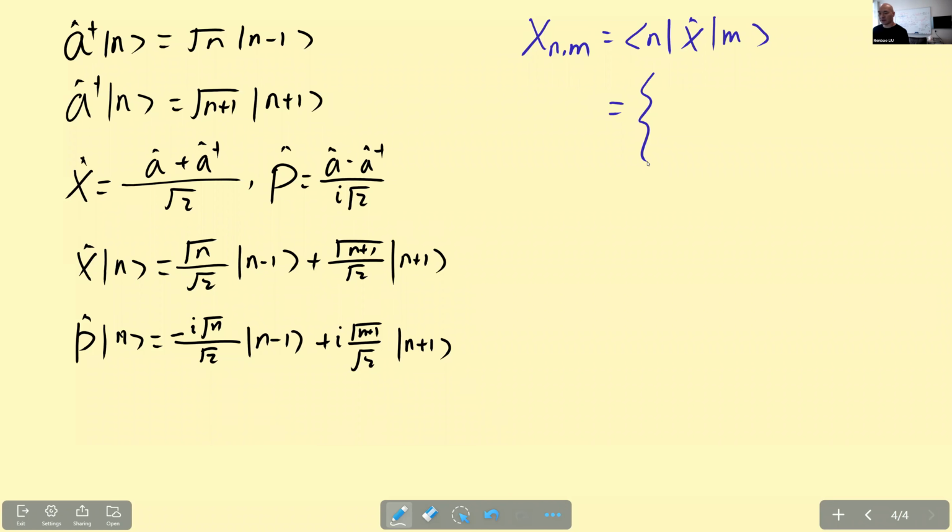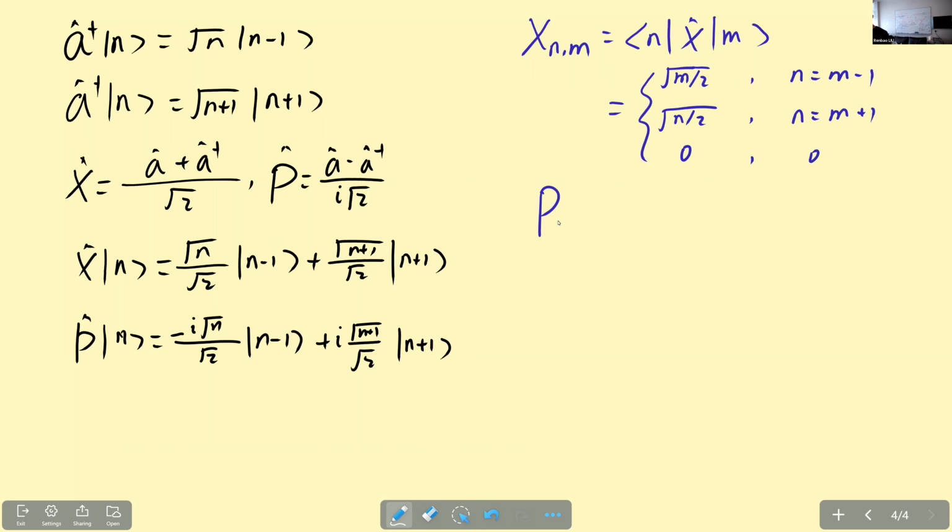So if m is n minus 1, then this is going to be the square root of m over 2. Otherwise, it's 0, right?